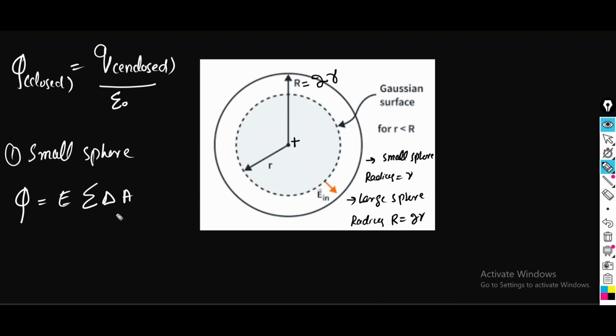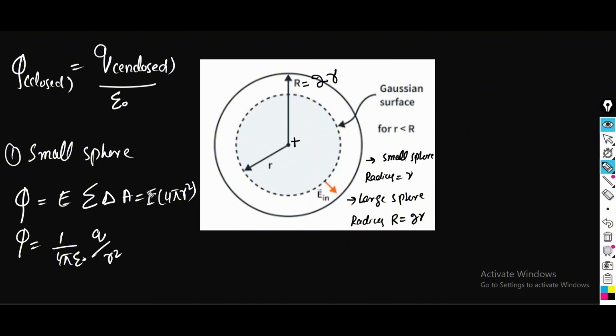In this case the summation of del A is the area of the sphere, which is equal to 4 pi r square, and the value of E, the electric field intensity, is equal to 1 over 4 pi epsilon naught q by r square.